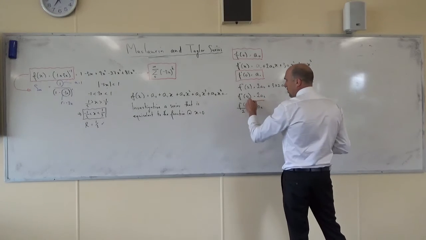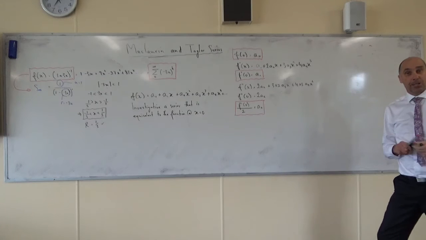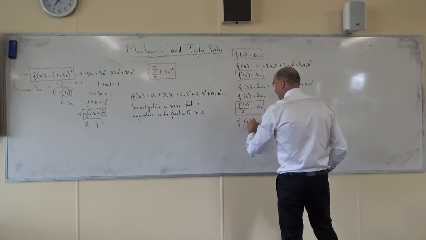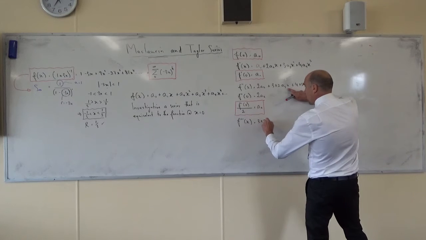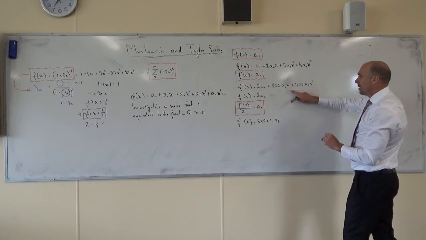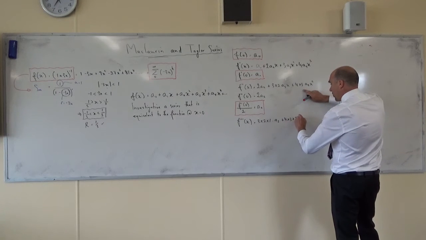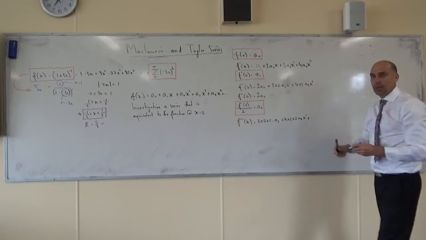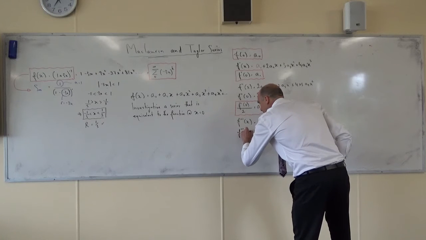I think in the next one you'll see the pattern, ladies and gentlemen. Let's do f triple dash x. So f triple dash x equals 3 times 2 times 1 a3, plus 4 times 3 times 2 a4 x to the power 1, plus dot dot dot. What's f triple dash 0 equal to?